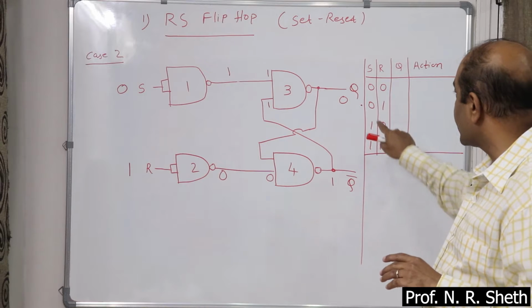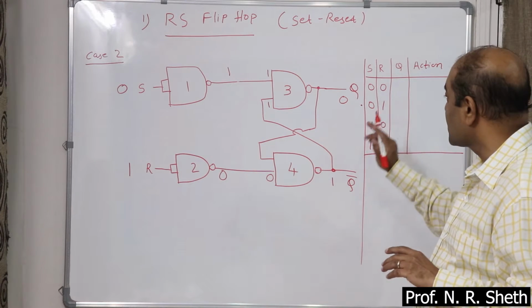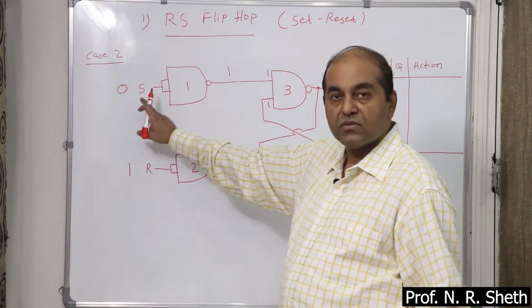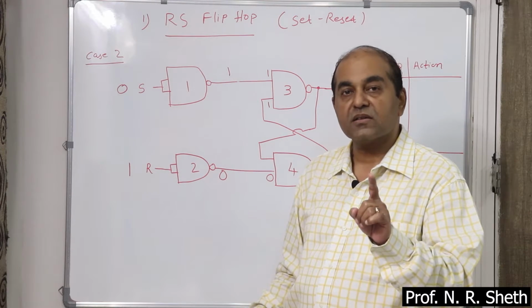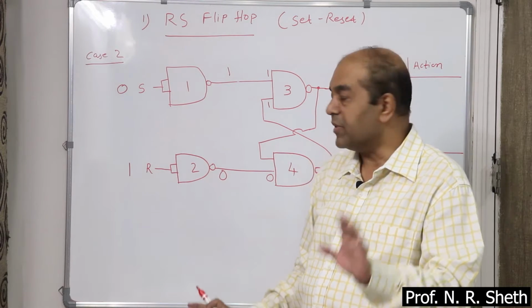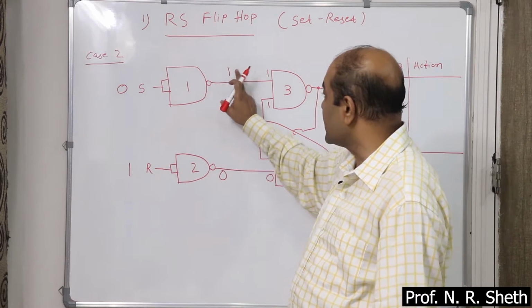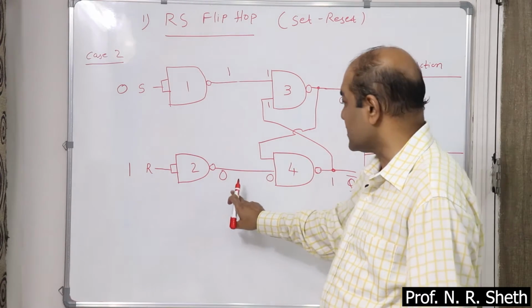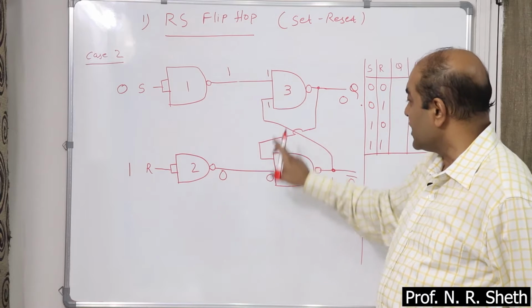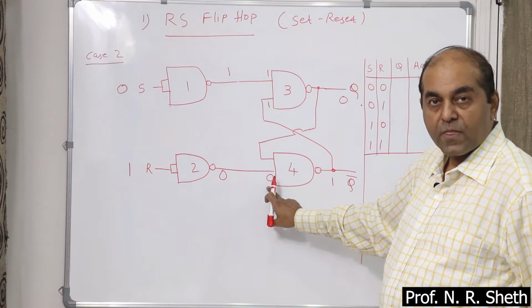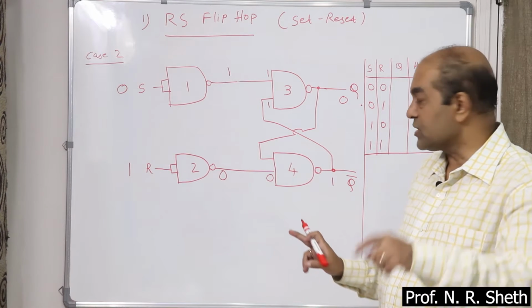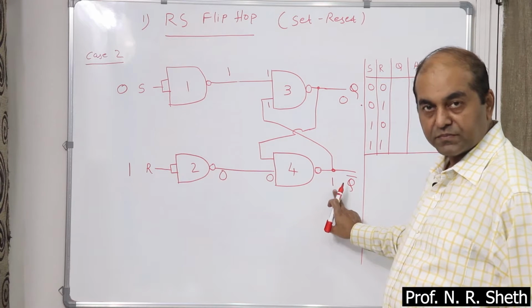Again, I am going to explain this case. S is 0, R is 1. These 2 gates work as NOT gate inverters, remember. So if this is 0, here it is 1, and this 1 here becomes 0. So one input is 0, and in a NAND gate, when any input is 0, output is 1.